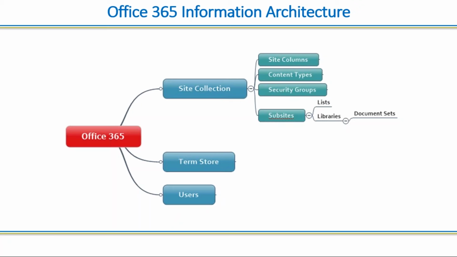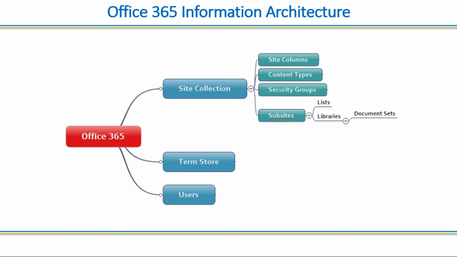It can be as deep as you need it to be from a sub-site point of view, and those sub-sites can have lists and libraries that you put documents and list items into from a content point of view. Site collections also have site columns and content types that we'll talk more about in terms of how we categorize and tag the content that we're putting into those lists and libraries. They also have security groups that you can use to apply permissions to those items.